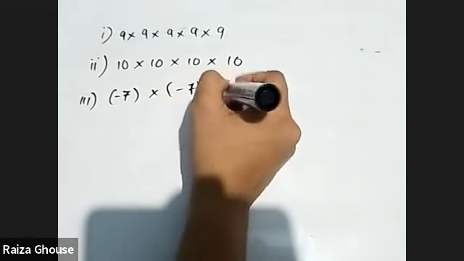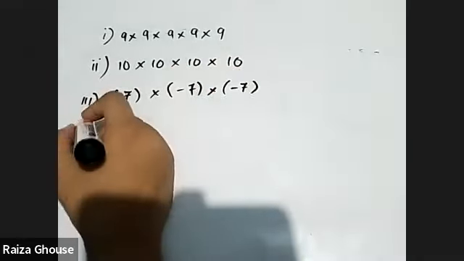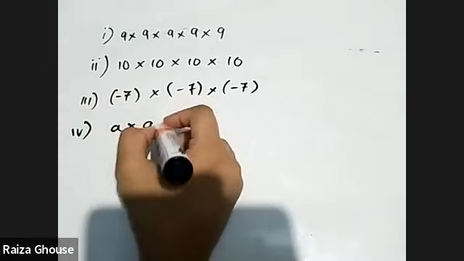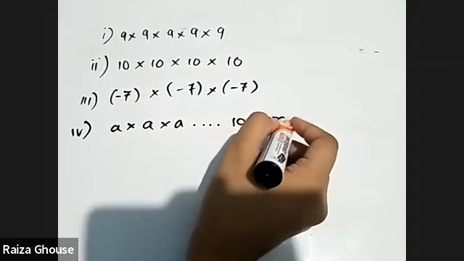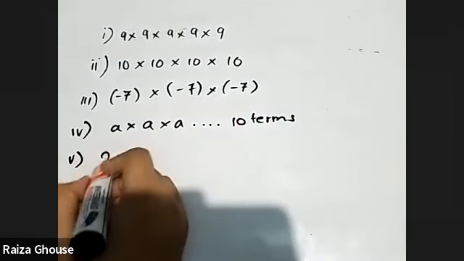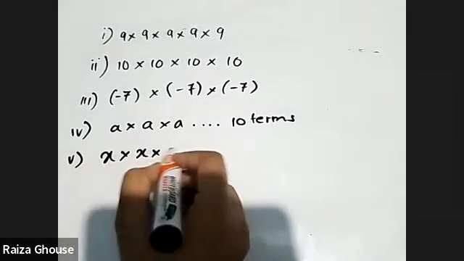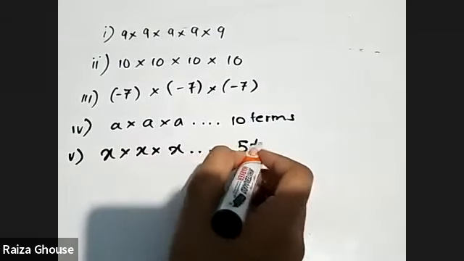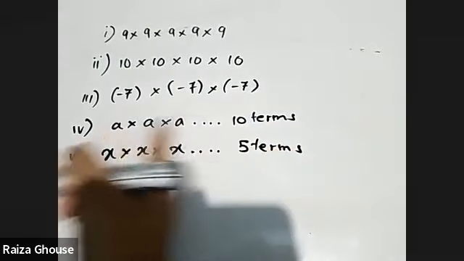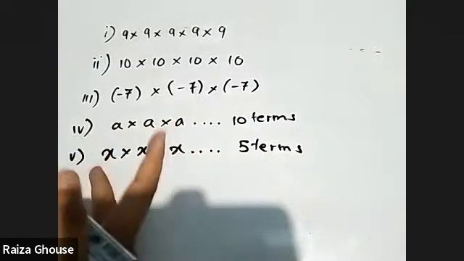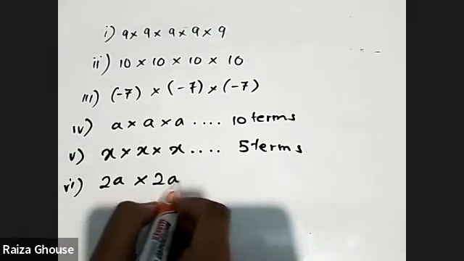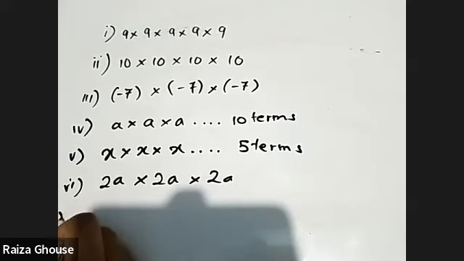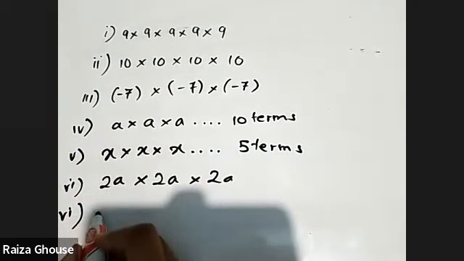Actually, these are your primary class works. Like this 10 terms, 5 terms means 10 A's and 5 X's, like that. You don't have to write the final answer. I just want you to write the index form only.